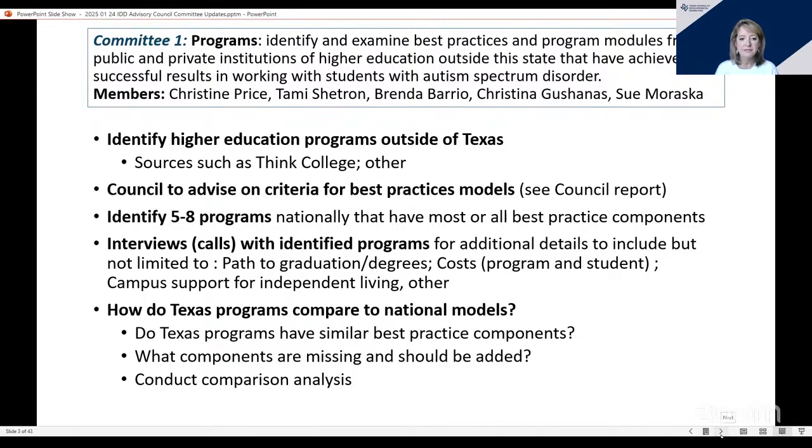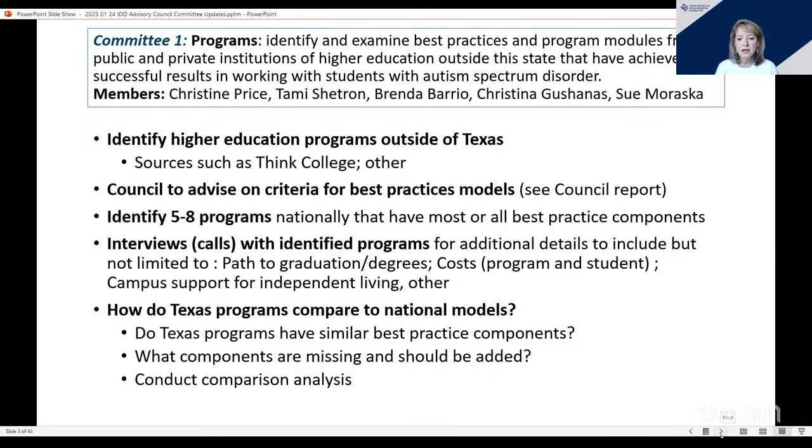First, identifying higher education programs outside of Texas. As all of you are familiar with the Think College resource, there may be others that give some program details as a starting point to be able to identify programs to examine. Then the council does have a role to advise on this charge.